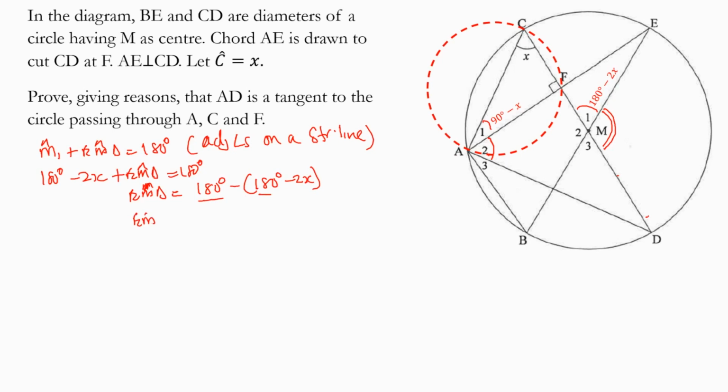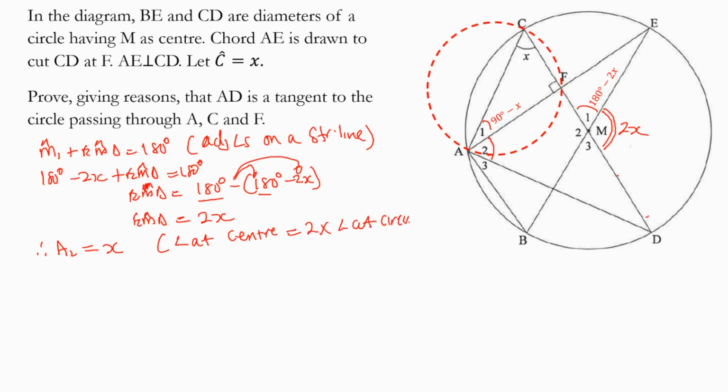So angle EMD is equal to 2x, if you distribute this. Therefore, angle A2 is equal to x, because angle at center equals 2 times angle at circumference.